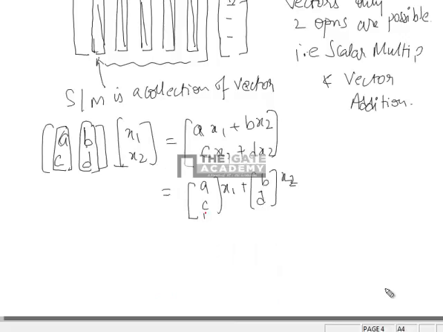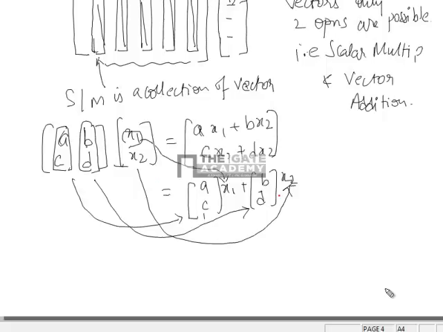AC is the system vector. BD is the system vector. They are scaled by x1 and x2. And what is the output? It is the vector addition of these scaled system vectors.